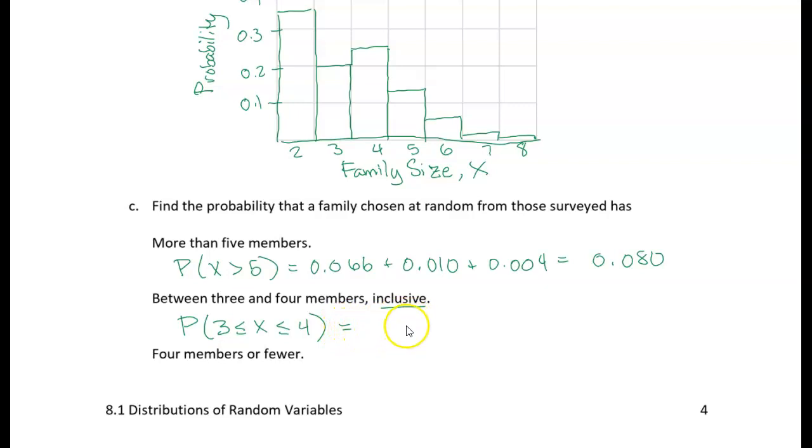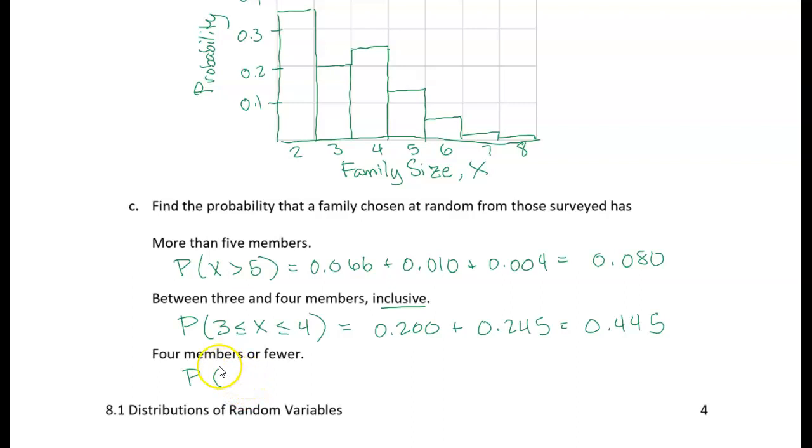We're going to add up those probabilities. The probability of 3 is 0.200. The probability of 4 is 0.245. I add that up and I get 0.445, so about 44.5%.